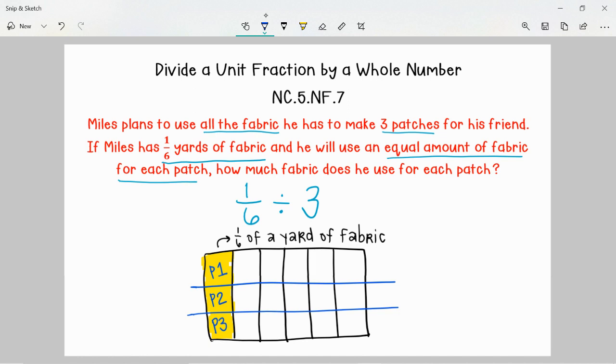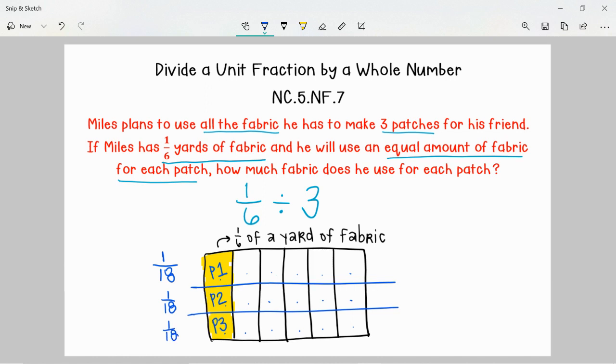So let's see. I see that each patch is getting 1 out of, we have to see here, it's out of 1, 2, 3, 4, 5, 6, 7, 8, 9, 10, 11, 12, 13, 14, 15, 16, 17, 18. 1 out of 18 parts. So that means each patch is using 1/18 of a yard of fabric.